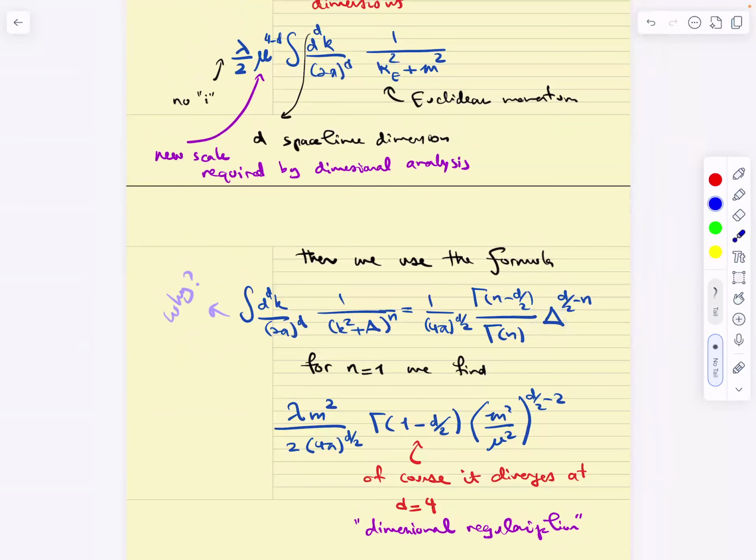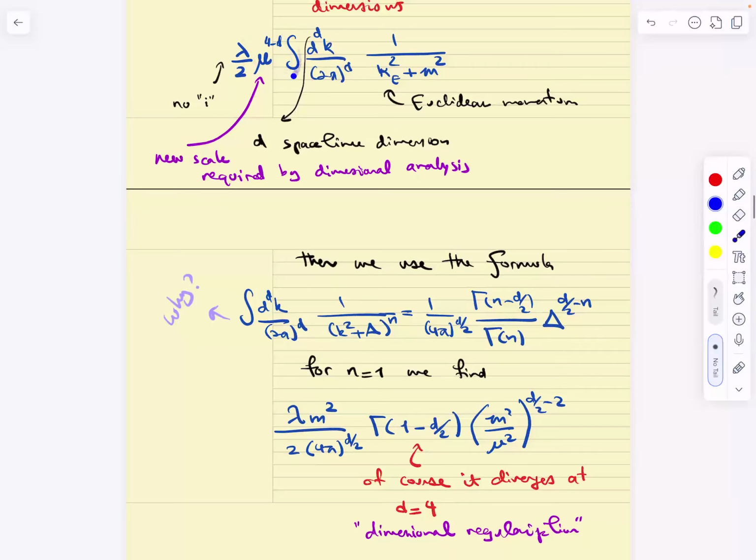Because delta, in this case, is m squared. So you end up with m squared to the power of d over 2 minus 1. There's one power right here, and then d over 2 minus 2 here. That's all of it. And then what you have outside is mu to the power of 4 minus d. That is mu squared to the power of 2 minus d over 2.